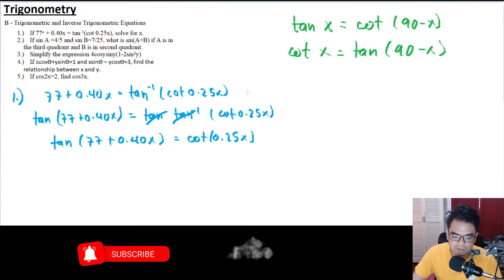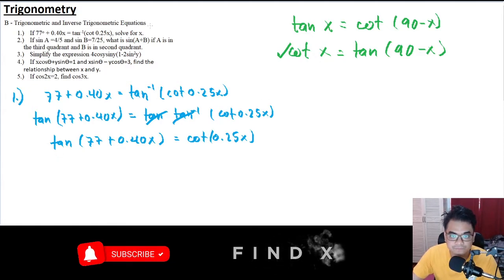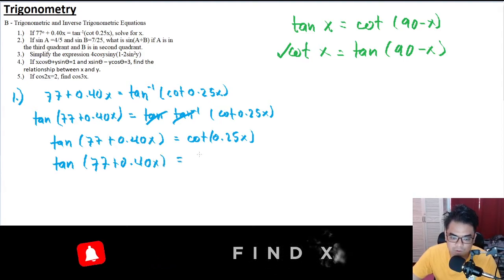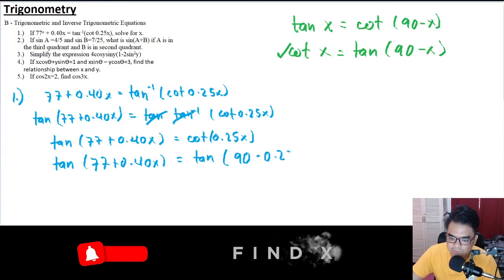So using this identity, we can have here something like this: tangent of 77 plus 0.4x equal to, replacing cotangent, tangent of 90 minus 0.25x.